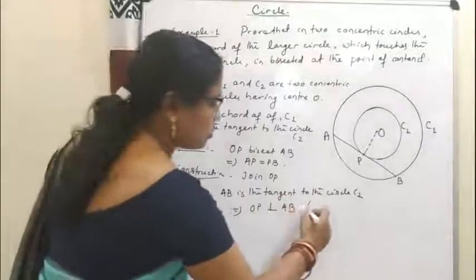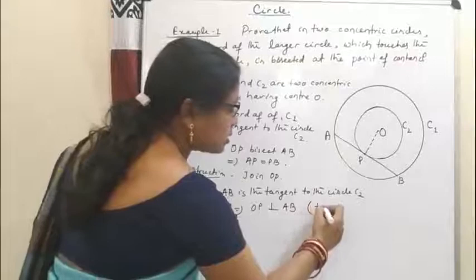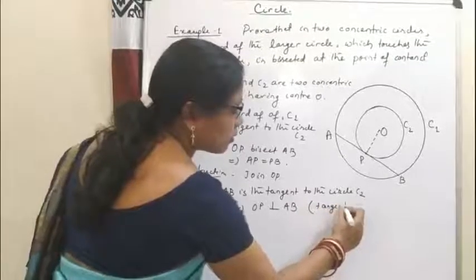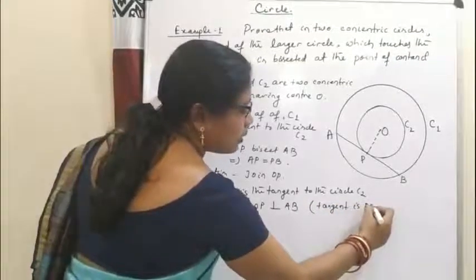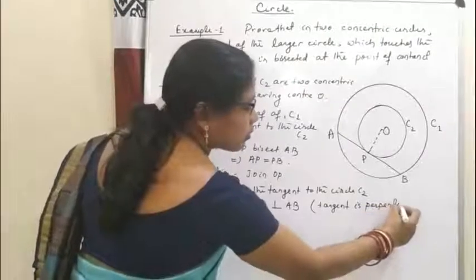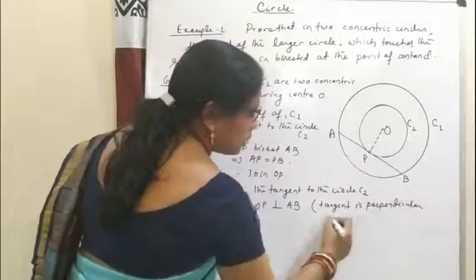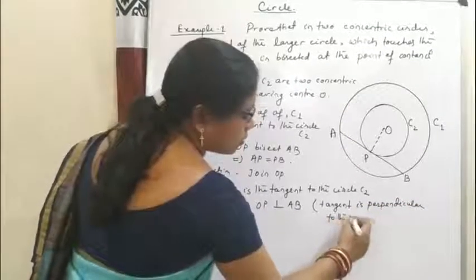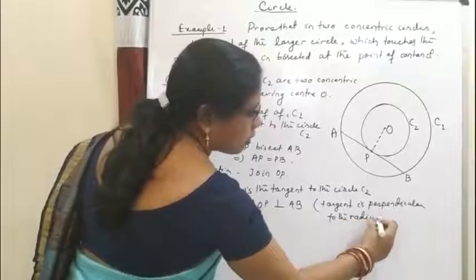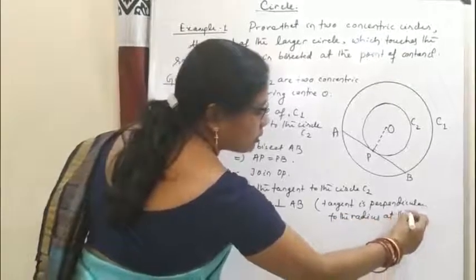So here, because the tangent is perpendicular to the radius at the point of contact.